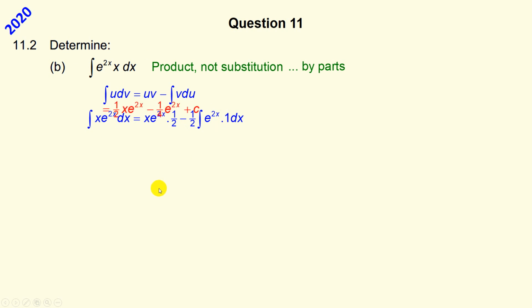So now that's pretty straightforward. This is half x e to the 2x minus, this is going to become e to the 2x over 2 again, times that gives you 1/4 e to the 2x, plus your c.